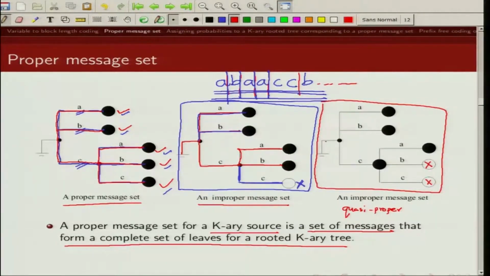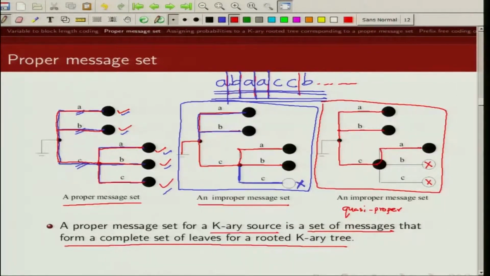Let's look at it. So if I get an A, that's one message boundary. If I get a B, that's one message boundary. If I get a C, note, I will look at what comes after C. If A comes, I will use CA, that's my message boundary.